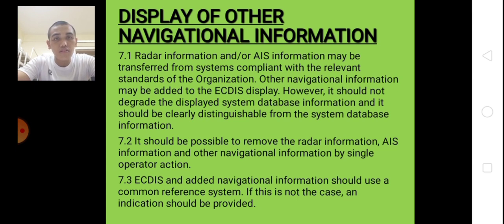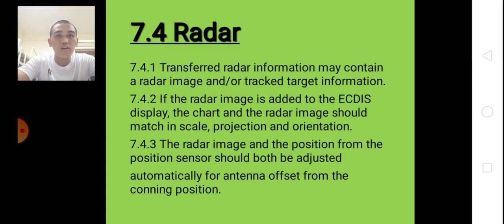So let's proceed to the radar. 7.4.1, transferred radar information may contain a radar image and or tracked target information. It's very understandable. So 7.4.2, if the radar image is added to this display, the chart and the radar image should match in scale, projection, and orientation.